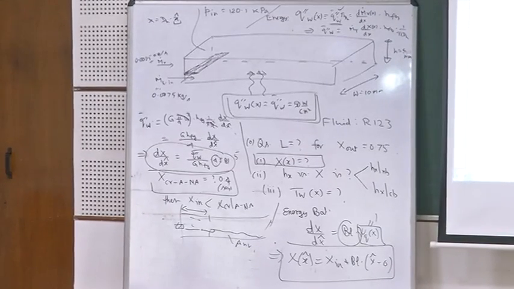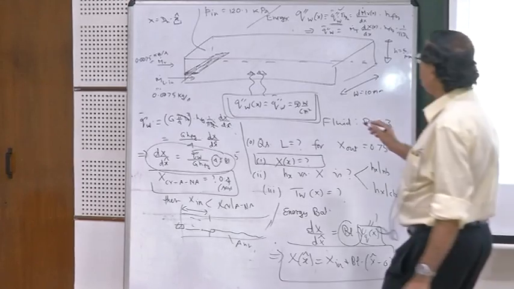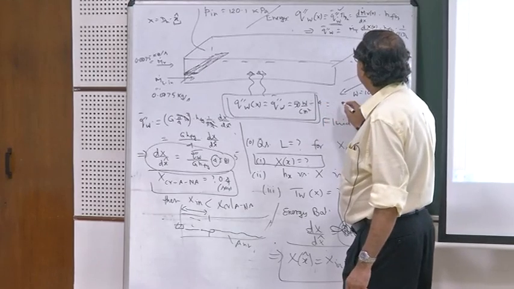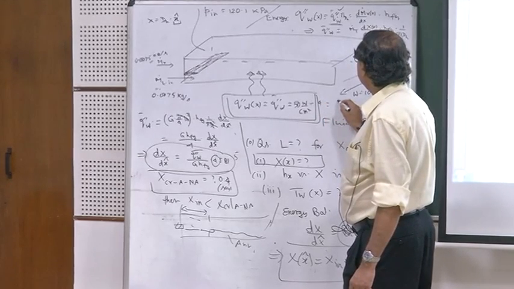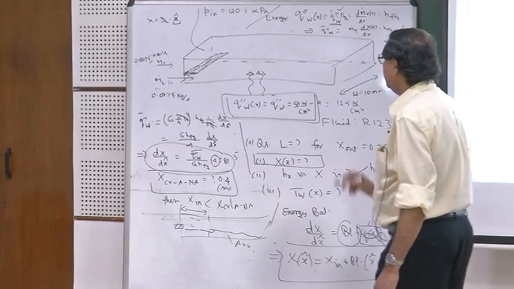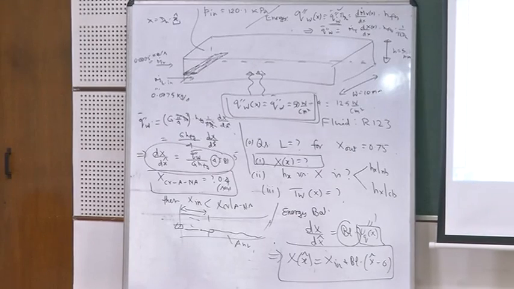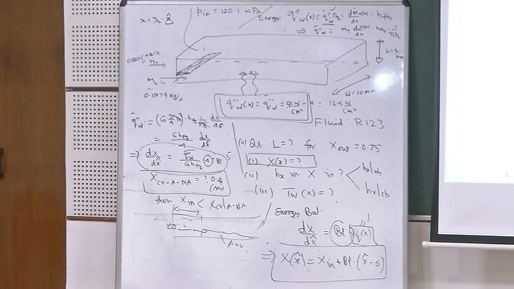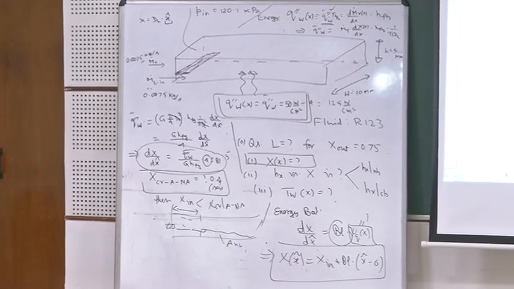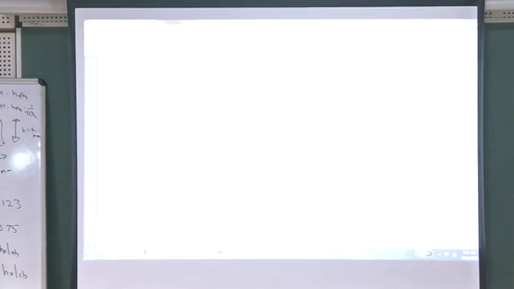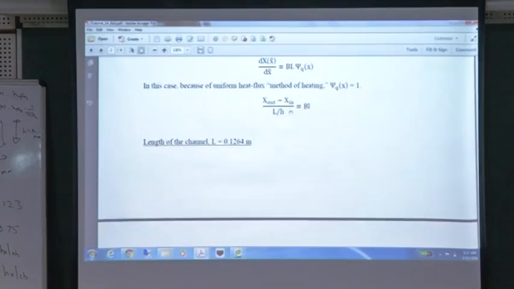So if for a moment I made it from 50 to 50 by 4, then it would be 12.5 watt per centimeter squared as opposed to 50 watt per centimeter square, and then I would get the answers that are given here. The quality varies from 0.5 to 0.75, and the distance L is given by this formula here, x out minus x in.